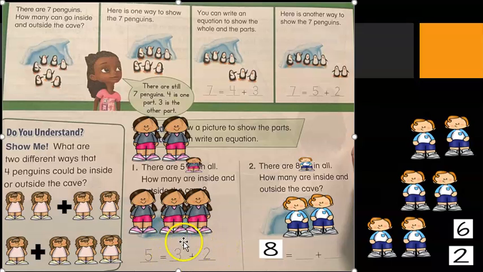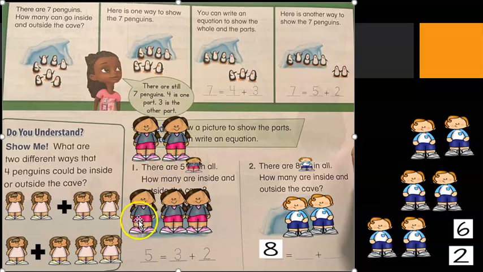So when you look here at your addition equation, 1, 2, 3, look, they put 3 there, plus 2, because there's 2 girls on the outside. When you add them up, you count them all up. 1, 2, 3, 4, 5. Look at that. That's your answer. So that's how they set up this problem.